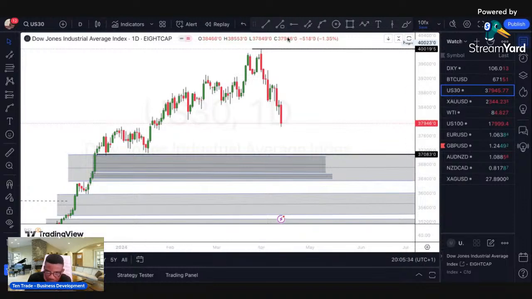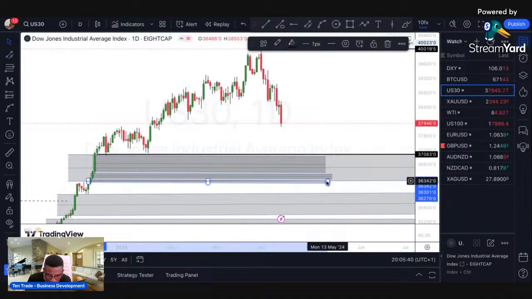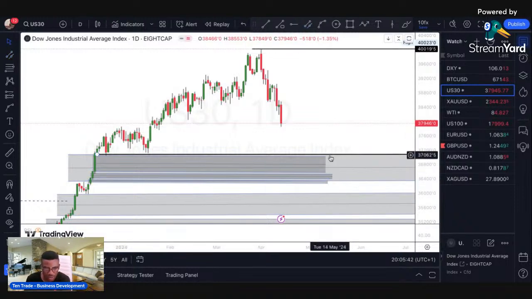Under it again, there is another imbalance. Yes. All of these areas are important areas. We have to pay attention to them. Price comes into this place, we want to look for buys at this place using a tight stop loss. We want to see a change of character picking out from this zone.